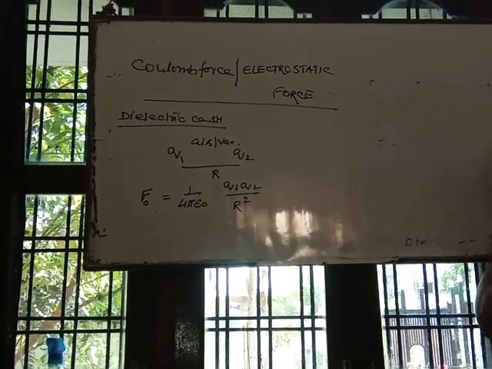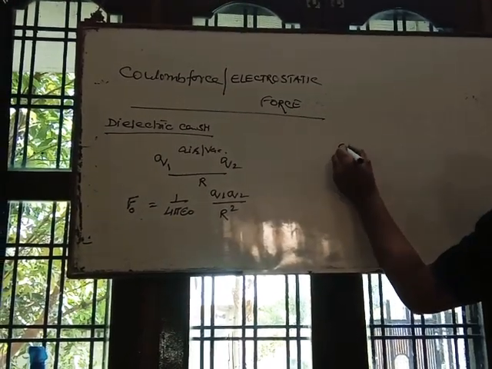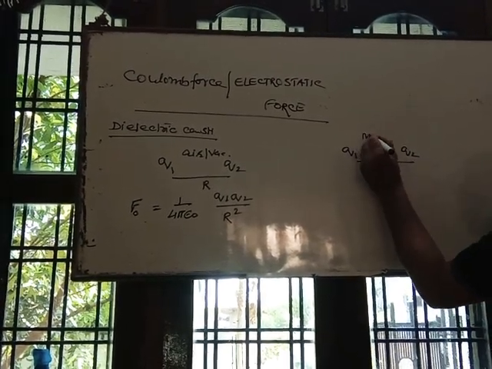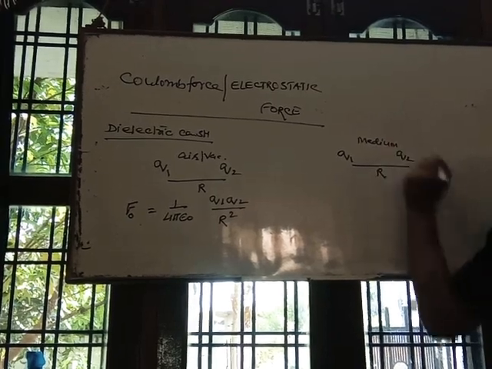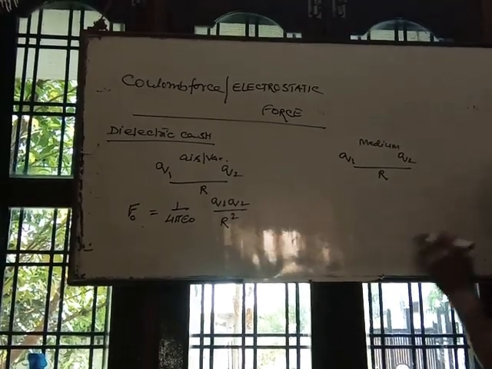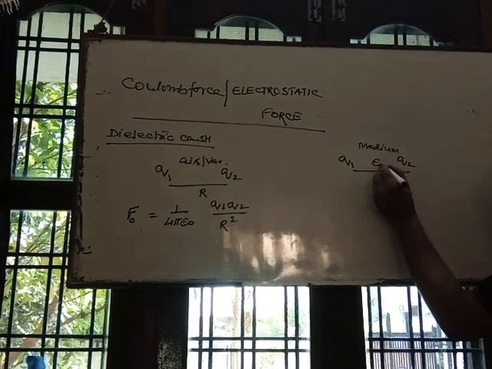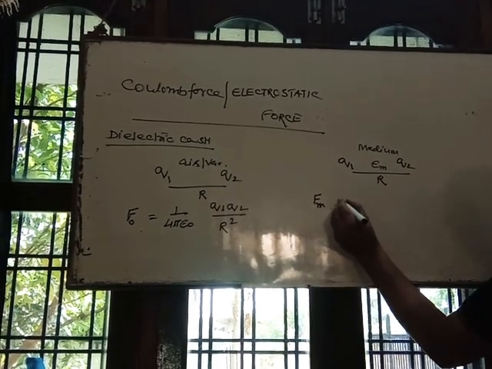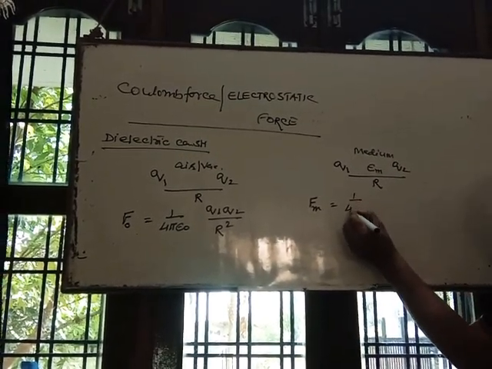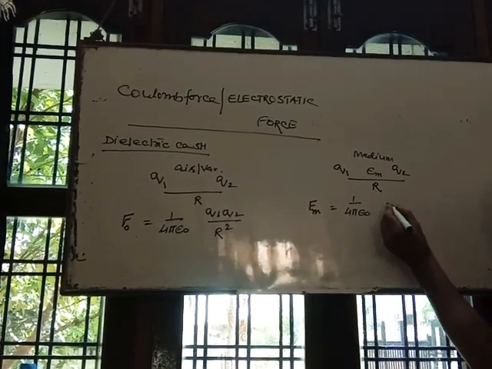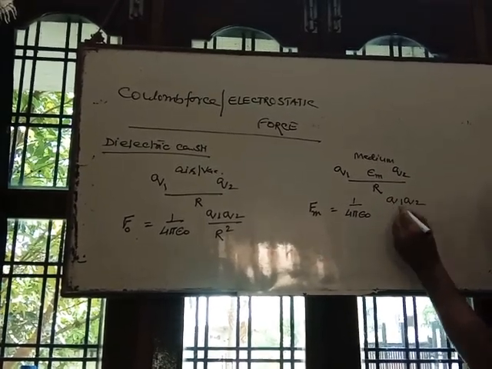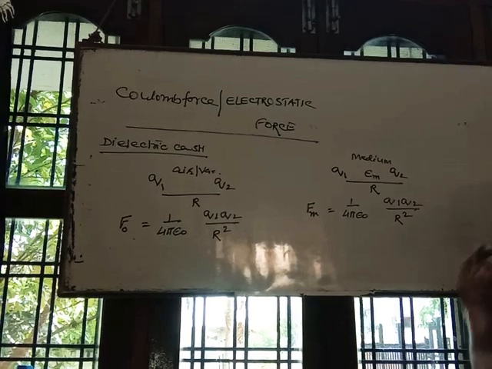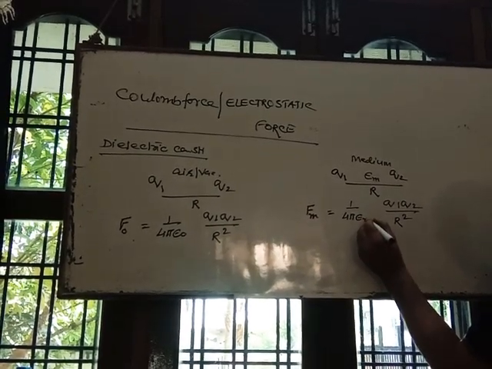And if the same charges Q1 and Q2 are separated by the same distance r in a given medium whose permittivity is epsilon m, then the electrostatic force between them is 1 upon 4 pi epsilon m Q1 Q2 by r square.